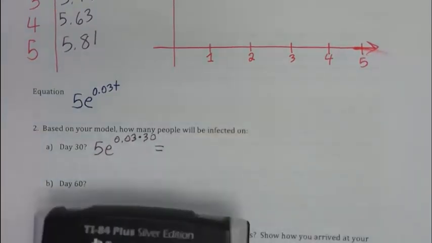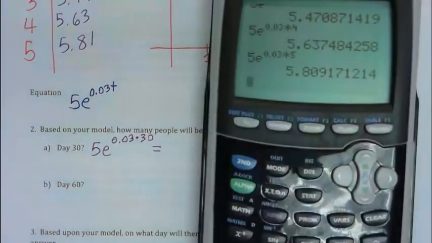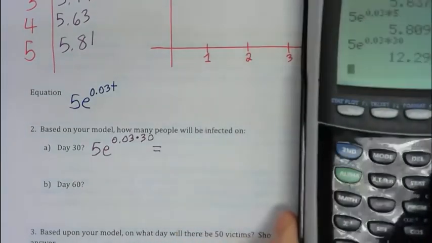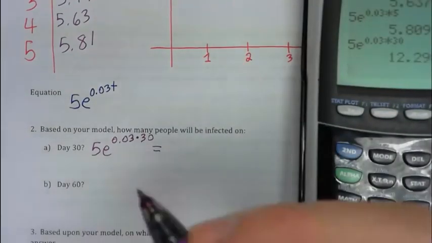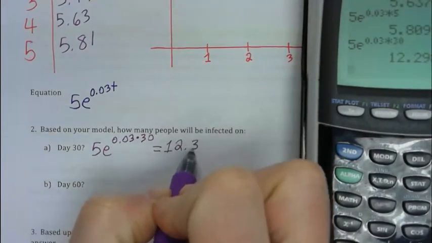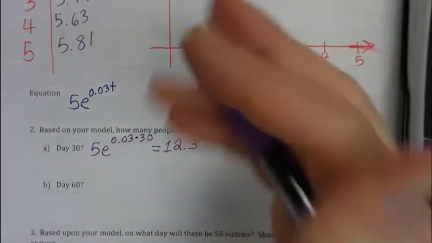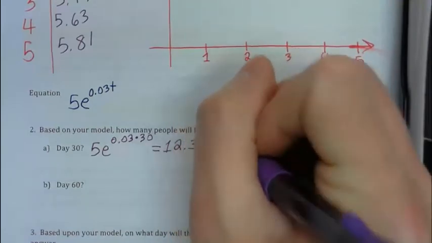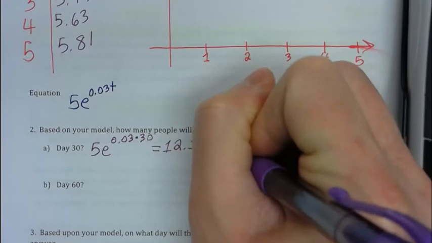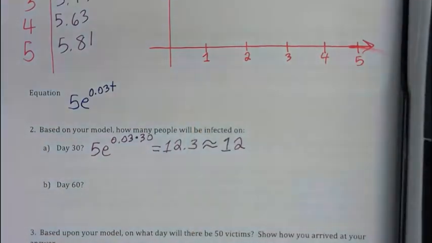So if I calculate that, 5e^(0.03 times 30), well, that's 12.3. And since we're talking about people here, we probably would want to be rounding down, so that next person hasn't been infected. So we might be rounding down no matter what. So about 12 people are going to be infected after day 30.